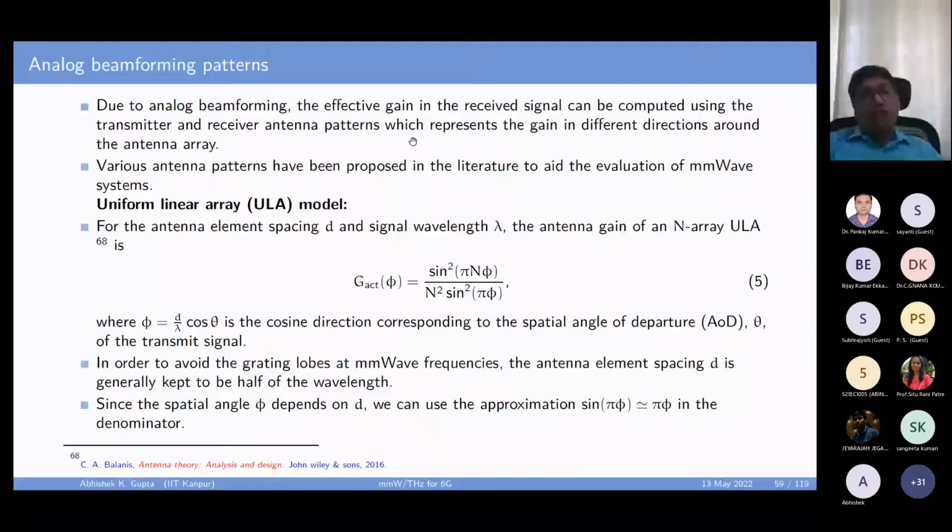So based on different antennas, you have different analog patterns. For example, if you use the uniform linear array, the gain is given by this function, which is a function of the angle and the number of antennas.